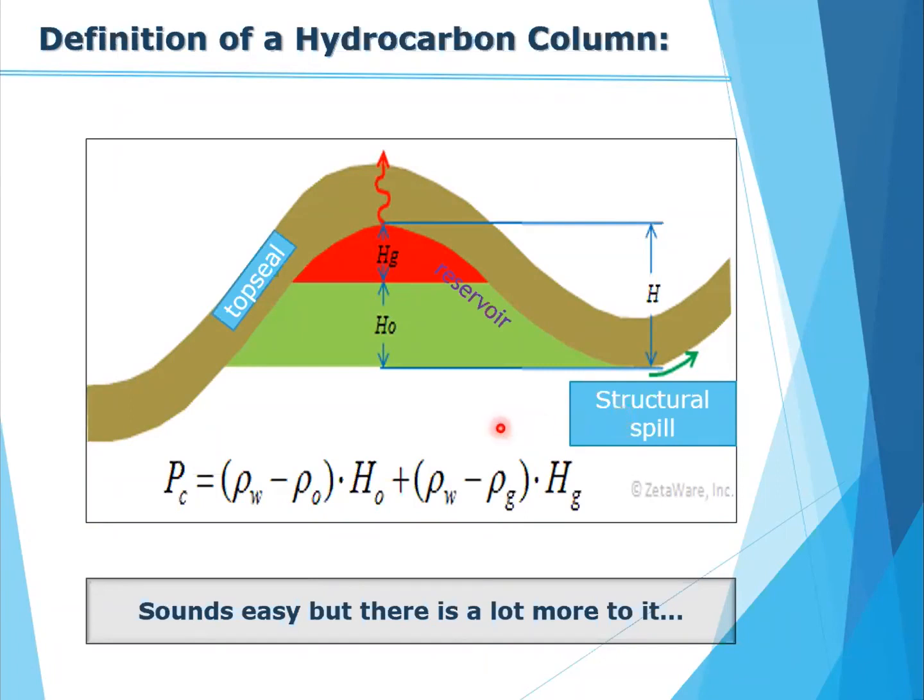We have a structural spill point, and we have a top seal and a reservoir, and using such a model we can calculate a number of things, but one has to be very careful. The first thing here is that most hydrocarbon accumulations are less than the structural spill. The theoretical structural spill is not so often really realized. Most times it's a little bit less. Now go to the next slide.